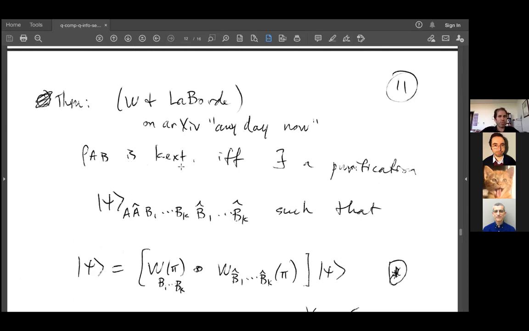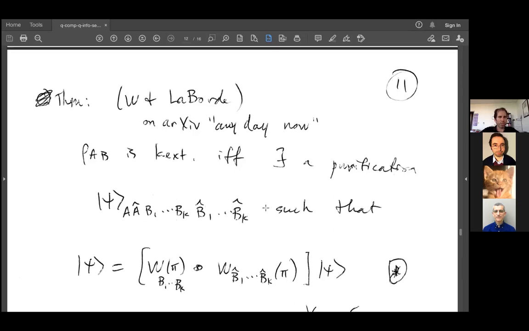Okay. So one thing we show in this work, which does follow from some earlier results, is that a state rho AB is K extendable, according to the definition I just presented, if and only if there exists a purification where not only do you have these systems that extend B, but it's basically like we double everything. So we double the A system, we put a hat, and we double all the B systems with a hat as well.